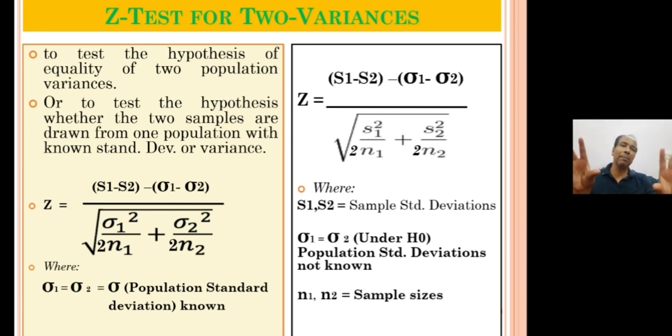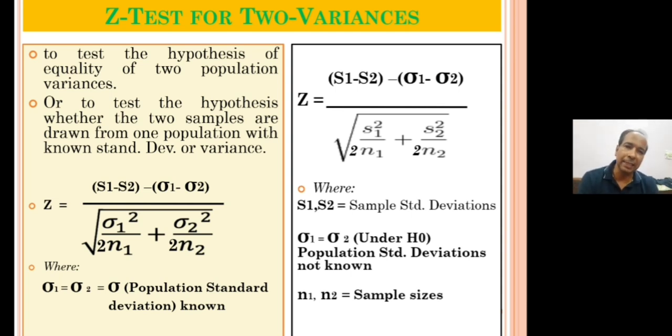If there are two samples, then we need to check whether the two samples are drawn from only one population of which the standard deviation or variance is known. This is one condition. Or to test the equality of variances if there are two populations and the variances are unknown. These are the two conditions in which we can apply this Z test for two variances.